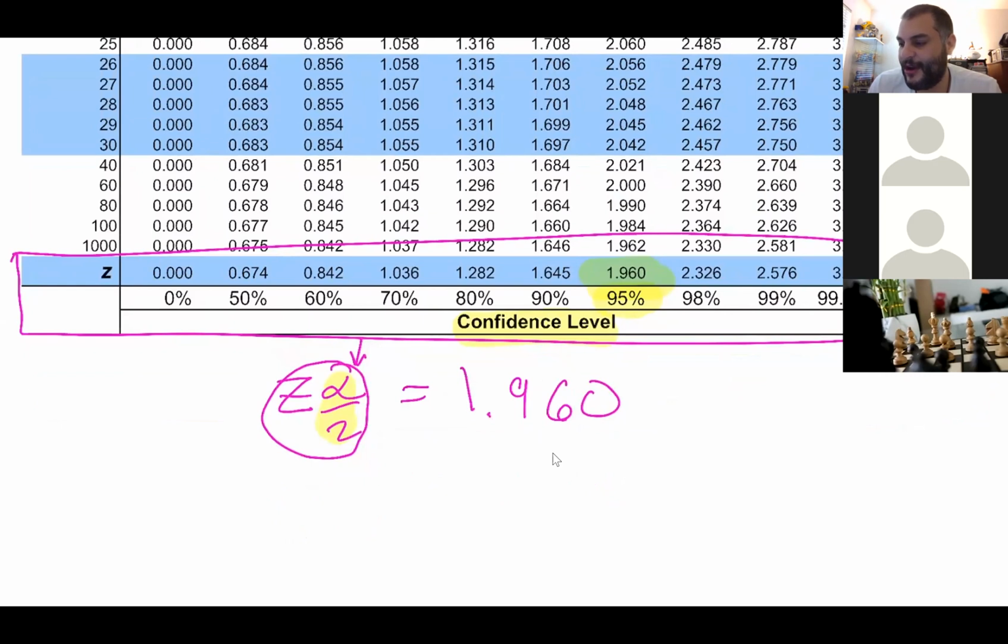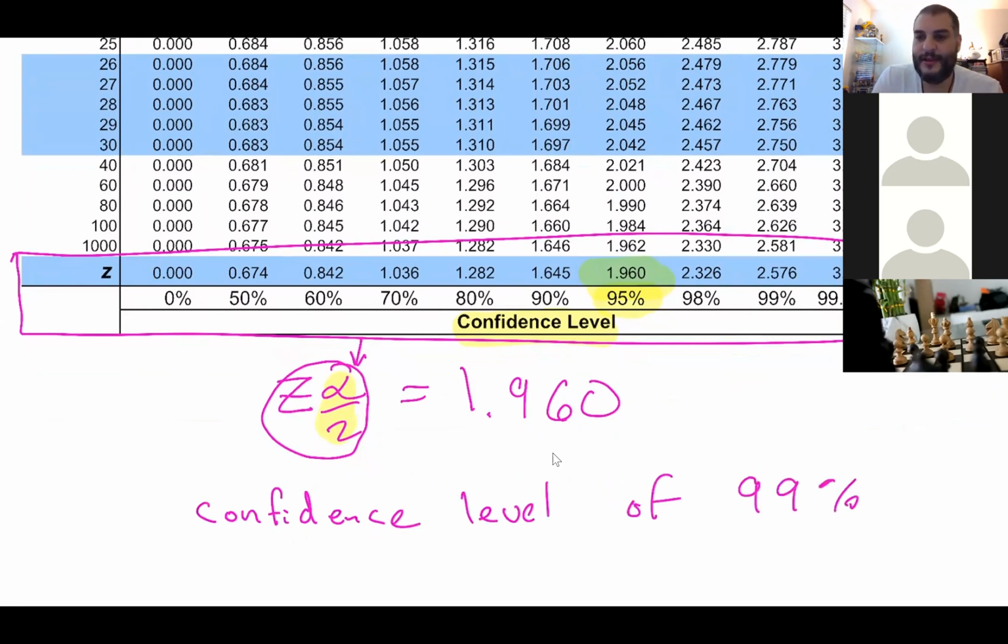Say if we have a confidence level, let's say 99%. If I have a confidence level of 99%, what will be the Z alpha divided by 2 for this value?